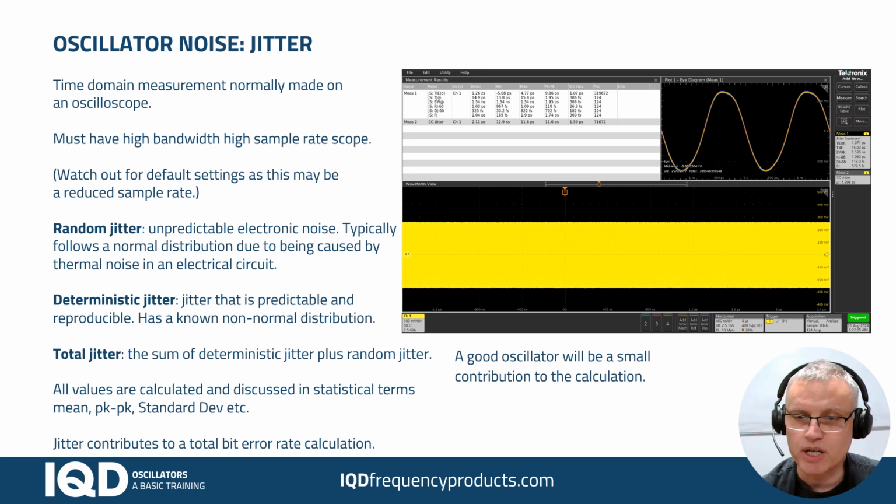To make a jitter measurement, you're going to need a scope with a very high sample rate, very high bandwidth, because you're trying to measure the exact changes in the rising edge and where that occurs over repeated steps. So yeah, we have to spend a lot of money to buy scopes with very, very high bandwidth.